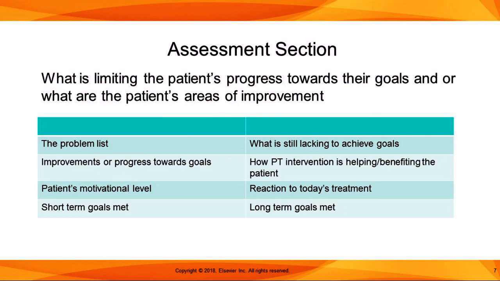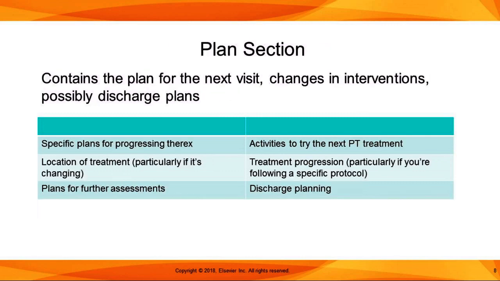So patient was able to perform all exercises instructed today without reports of increased pain, something like that, and the goals. So you really, really, really want to talk about goals in the assessment section. And really when the lab instructors are grading your SOAP notes, they're going to look for that. They're going to look for you to address goals.